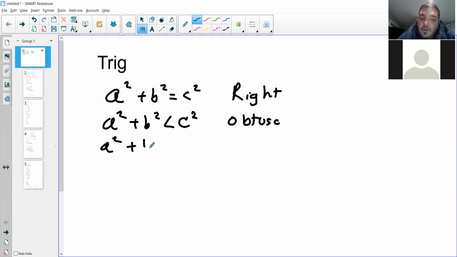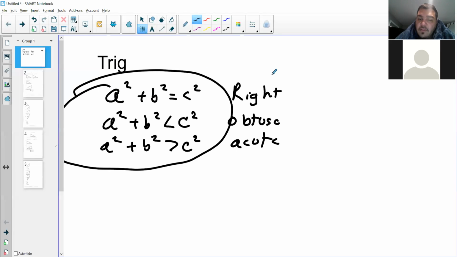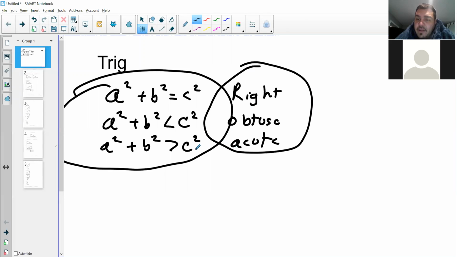And if you had a squared plus b squared greater than c squared, that would be acute. You don't have to copy this down. You already have this in past notes. But what I want to talk about is notice how these sides decide what type of angles you have on the inside.